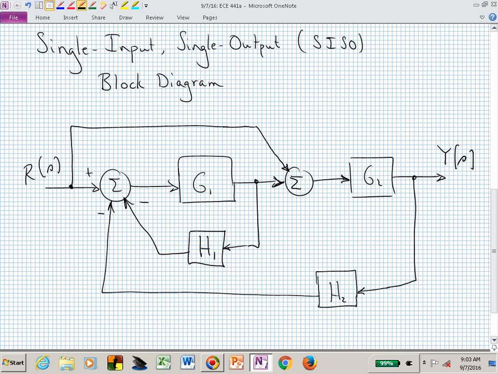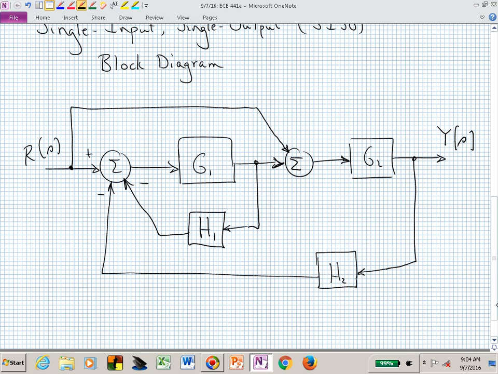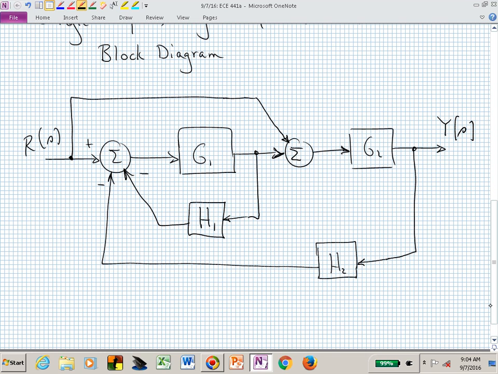We have a feedback of H2 all the way around G1 and G2 feeding back into the summing junction. And this is a little bit more involved than what we've dealt with before. What we want to do is utilize block diagram algebra to come up with the transfer function between the input R and the output Y.